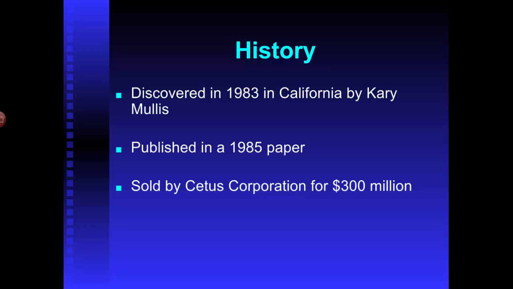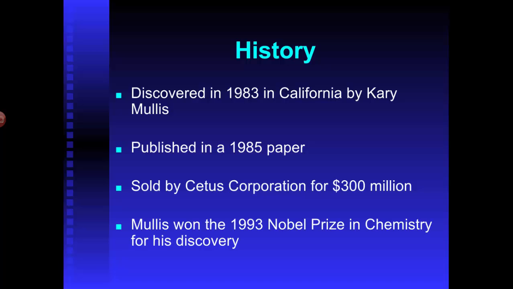They were able to sell it to the general public for $300 million. Mullis ended up getting a $100,000 bonus, but he did win the Nobel Prize in Chemistry in 1993 for his discovery, and since then he's become sort of a minor celebrity in the science world.